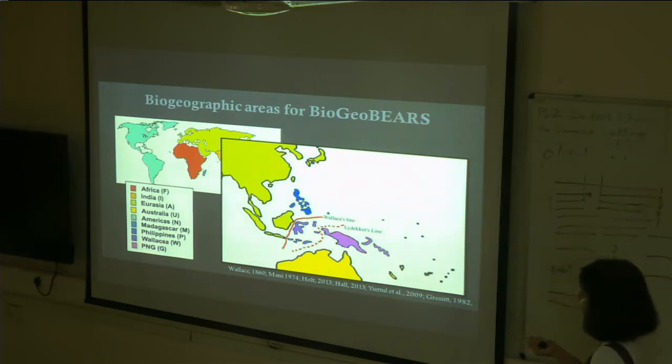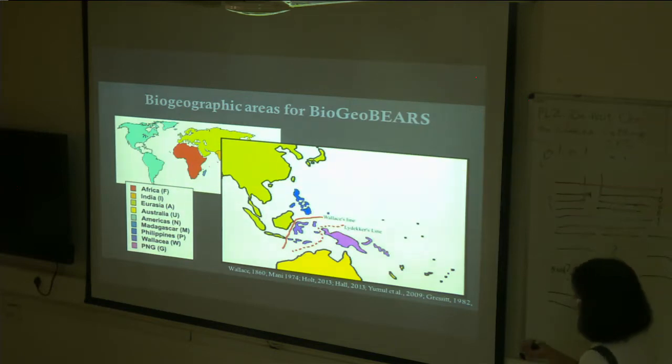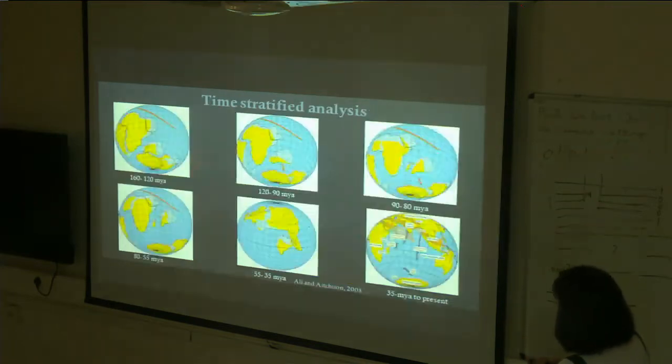Papua New Guinea was a different biogeographic region because studies have shown that the biota is of diverse origins, so it's not the same as the Australian biota. So I had PNG as a different region, and the Philippines as a different region because it again has its own biogeographic history. But the rest of the landmasses were the Gondwanan fragments.